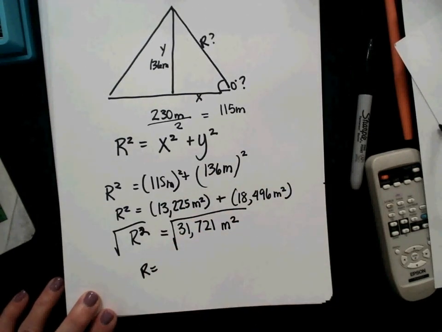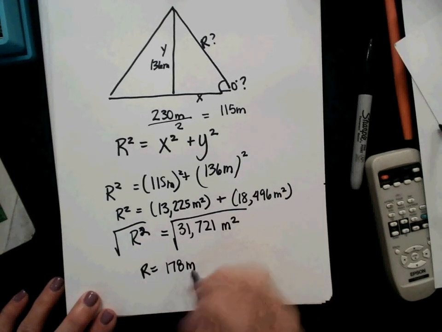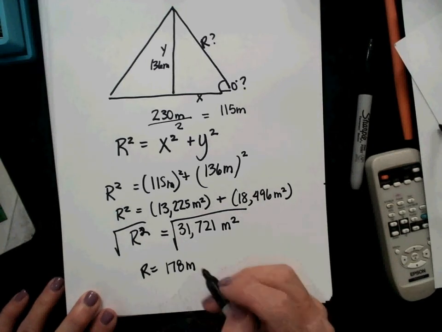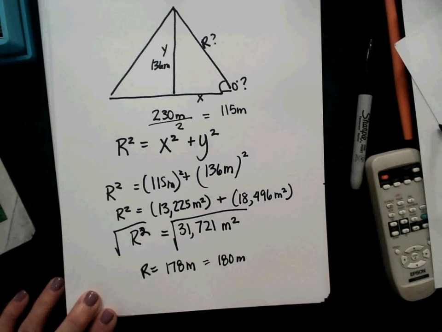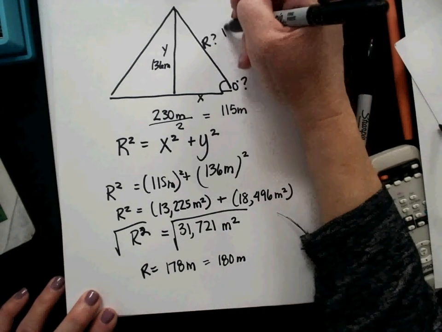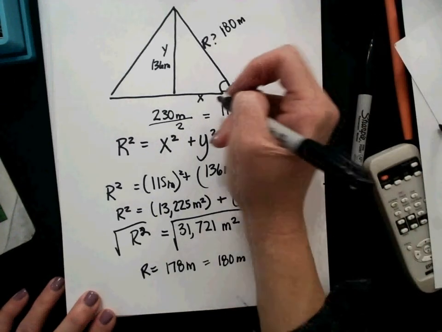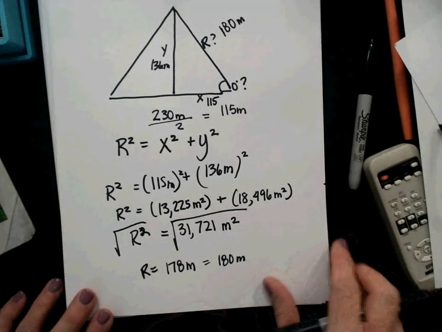So then I can just take the square root of each, and I have r equals, what does that come out to? 178 meters. Now, what should it be in sig figs? When you read the problem to begin with, 136 has 3, 230 only has 2, so it should be 180 meters. So we know this is 180 meters.